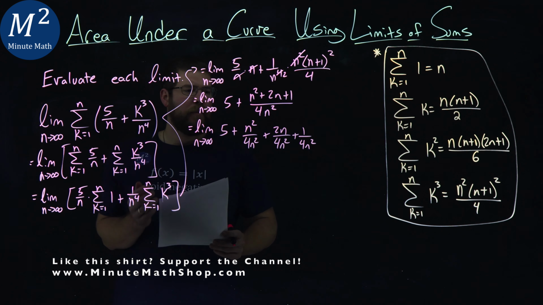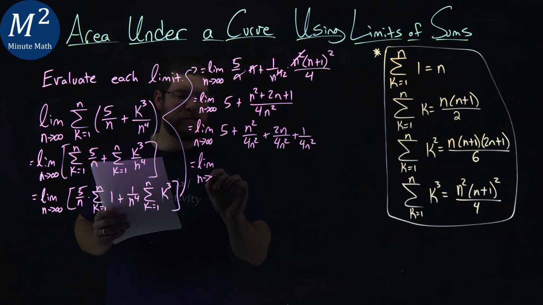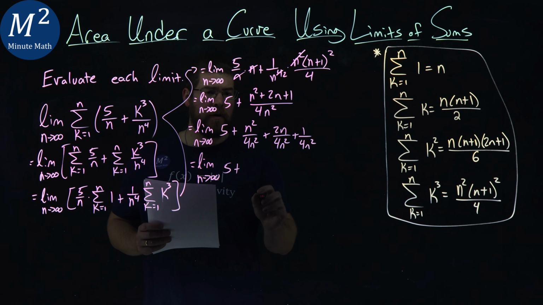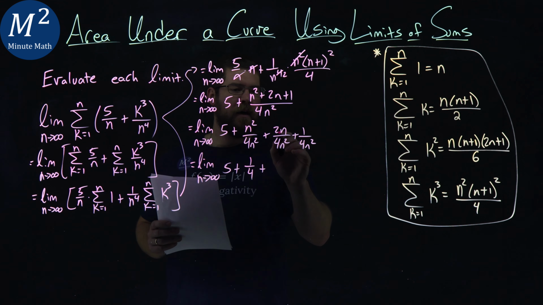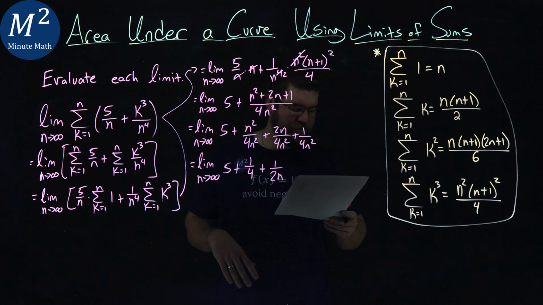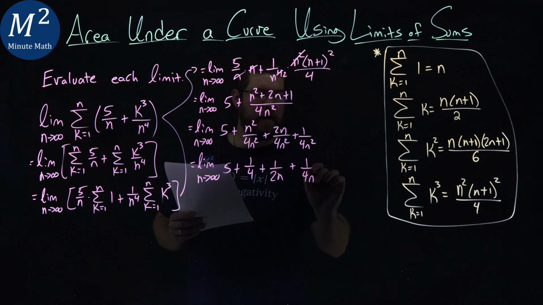Now we can simplify this where we can. We have the limit as n approaches infinity of 5 plus n squared over 4n squared, which is just 1/4, plus, well, the 2 and the 4 become 1/2, so 1 over 2n, plus 1 over 4n squared.